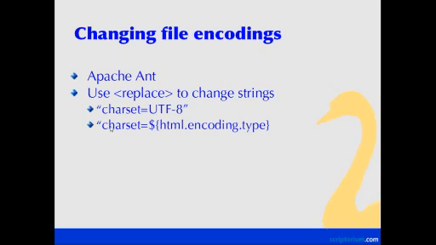And then the actual replacement is charset, and here we have another ANT property, HTML encoding type. And so again, the values of these properties are available to ANT, and so ANT then replaces this with whatever is the appropriate encoding type for my current language.